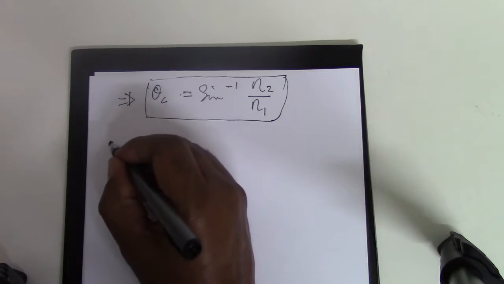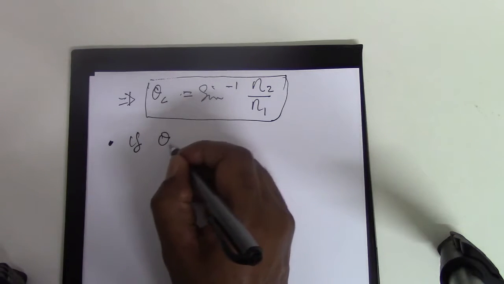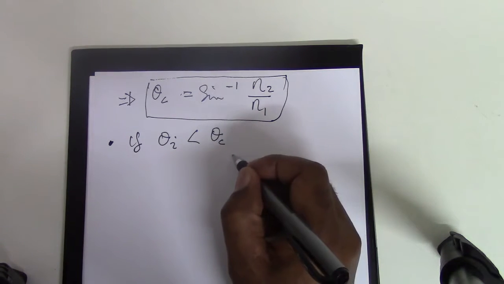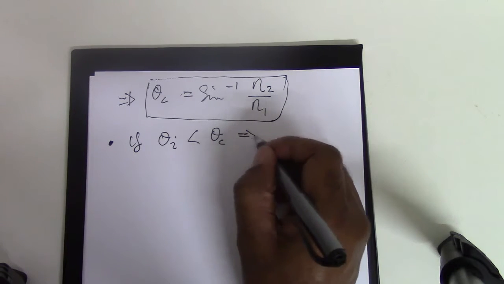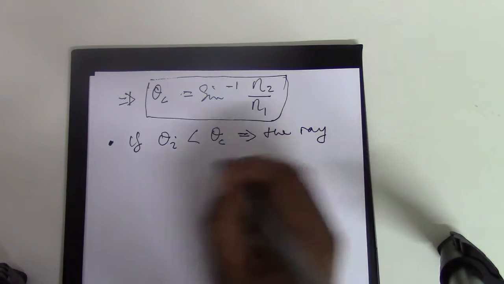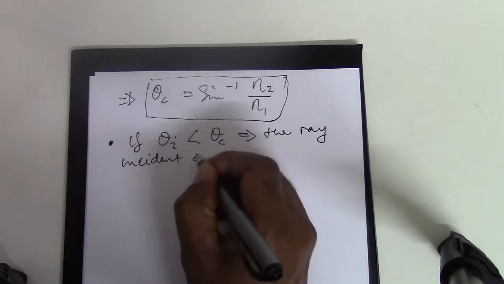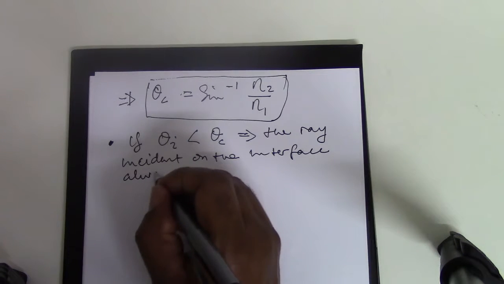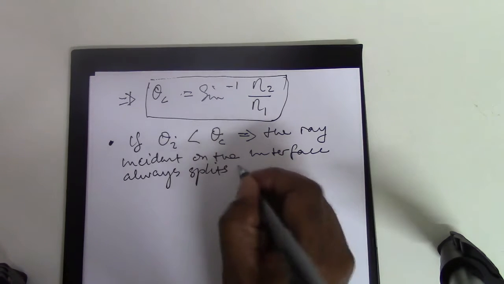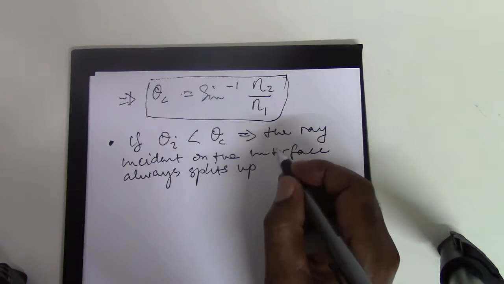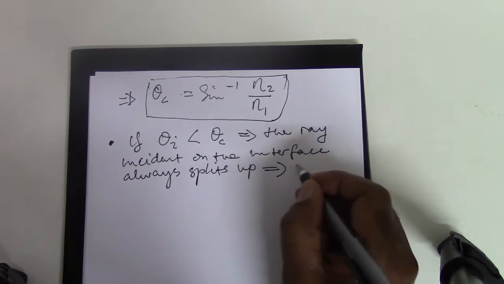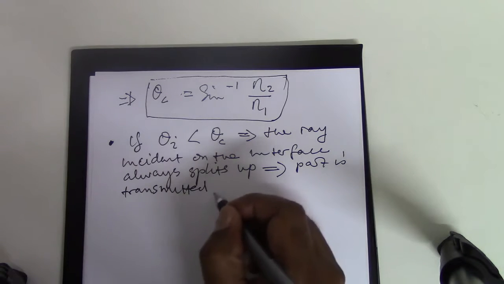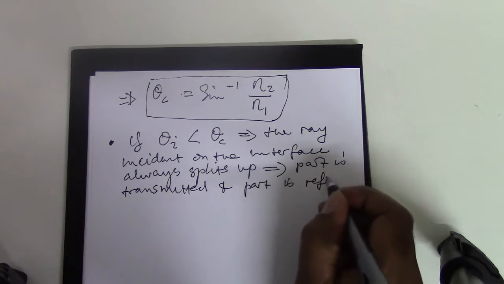Point number 1: if theta I, which is the angle of incidence, is less than the critical angle, we must know that the ray incident on the interface always splits up, implying part is transmitted and part is reflected.